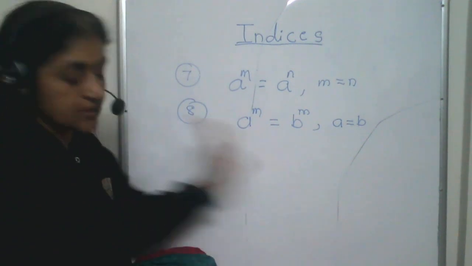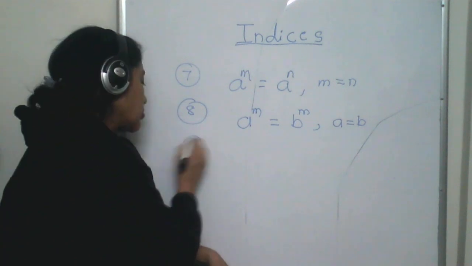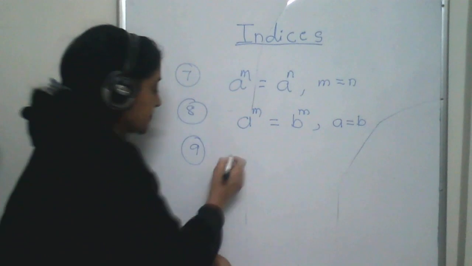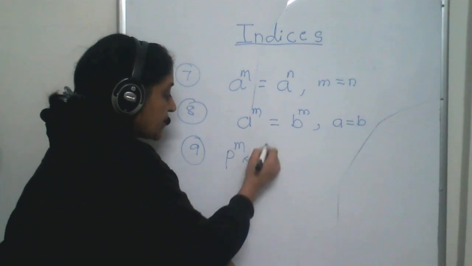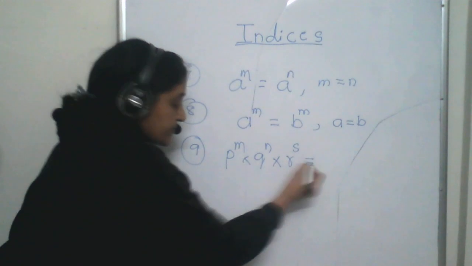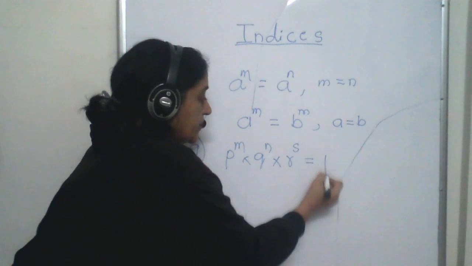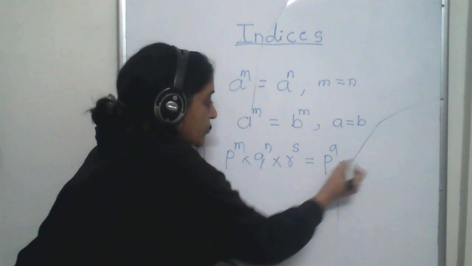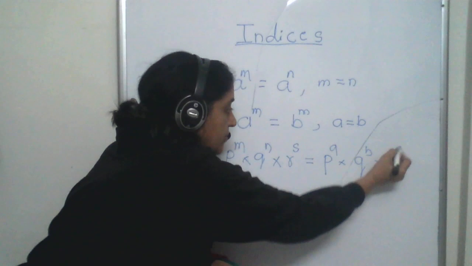Then it is valid. Now one more thing comes up as the new one that you have learned this year: p to the power m into q to the power n into r to the power s is equal to p to the power a into q to the power b into r to the power c.